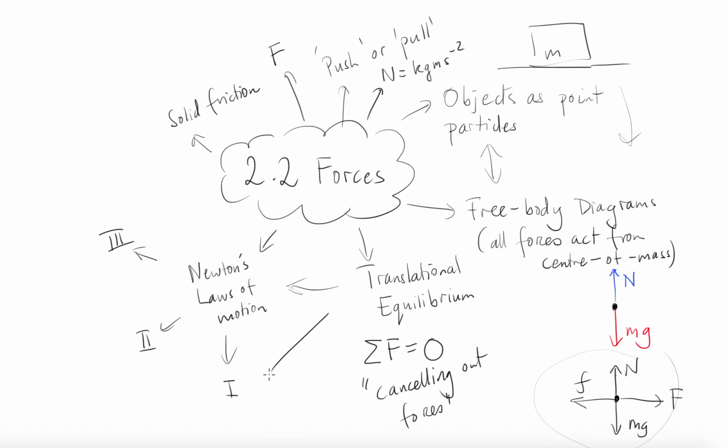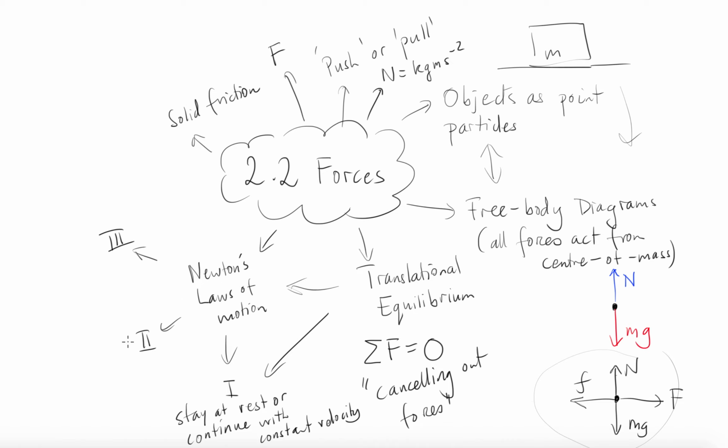This links to Newton's first law of motion: if there's no resultant force acting on the body, then either it will stay at rest, or it will continue with constant velocity in the same direction.